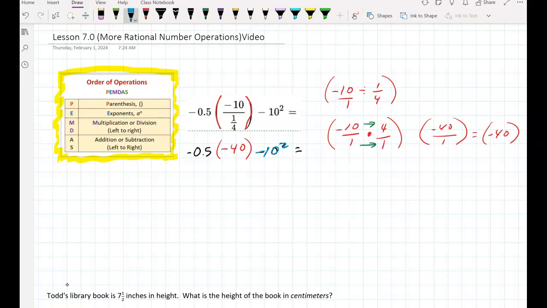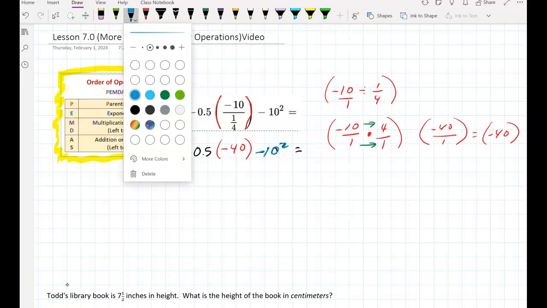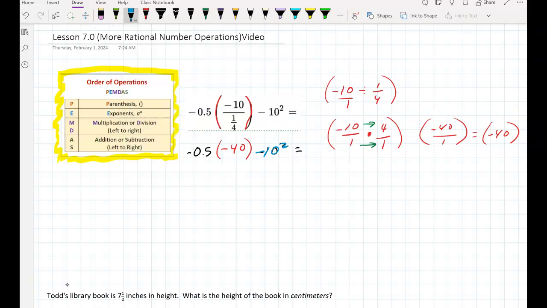Now that's minus 10 to the second power. That's not negative 10 to the second power. There's a big difference. So then what we're going to do here with 10 to the second power, of course, is 10 to the second power is equal to 10 times itself. And 10 times 10 is 100. So that's 100. Minus 100.